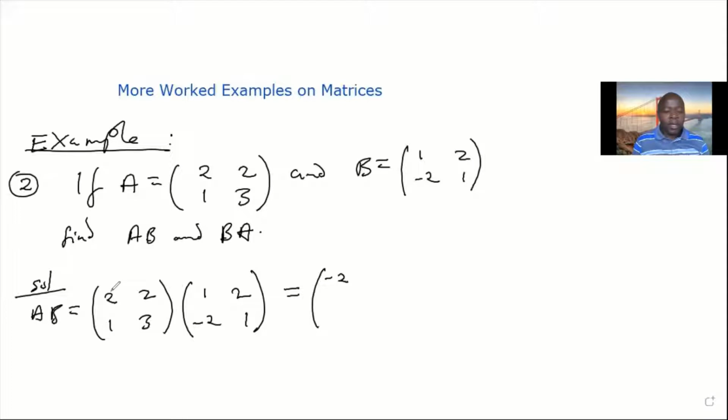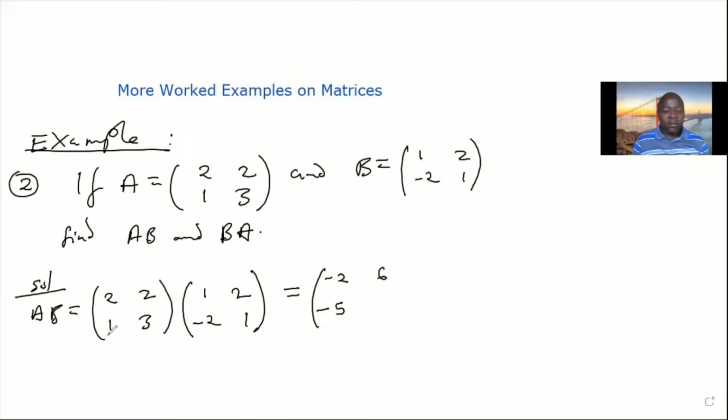And then this element times this will be 4, and this element times this will be 2. So when I add 4 and 2, that will be 6. Now we are done with the first row and each of the columns. Let's come to the second row. 1 times 1 would be 1, then plus 3 times negative 2 will be negative 6. So 1 plus negative 6 will give us negative 5.